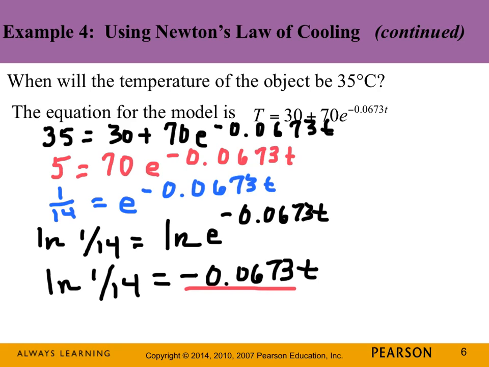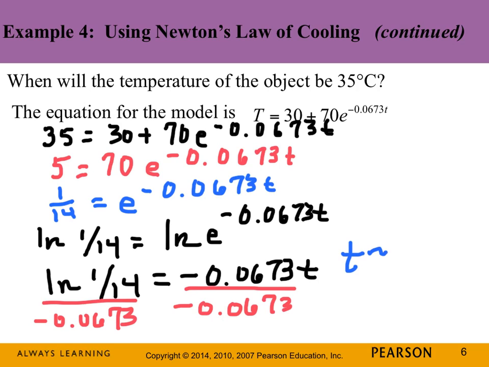Now let's divide both sides by negative 0.0673, and now it's calculator time. And you should end up with t is about 39. So it's going to take about 39 minutes for the object to cool to 35 degrees Celsius.